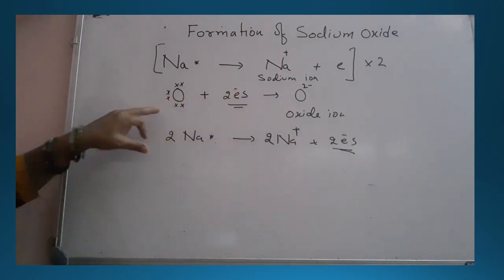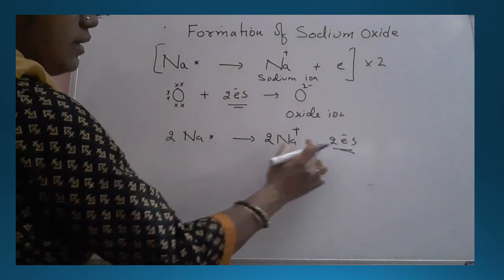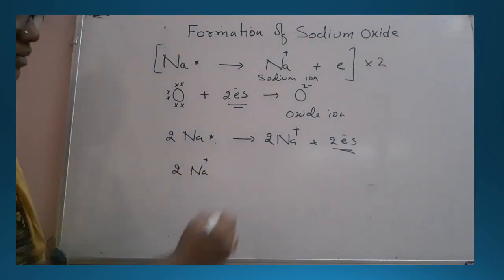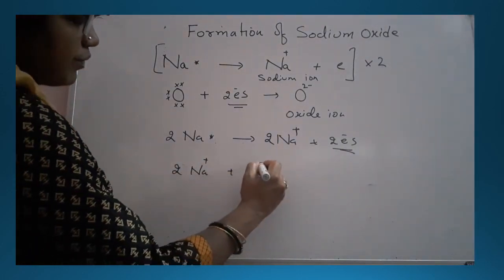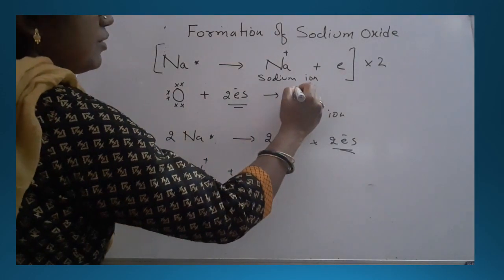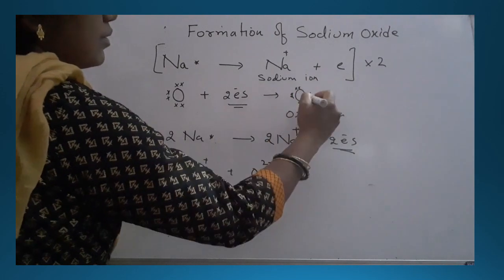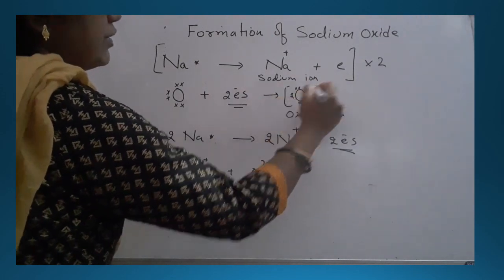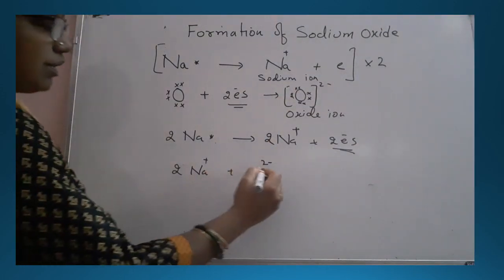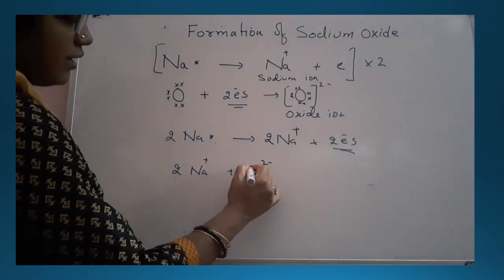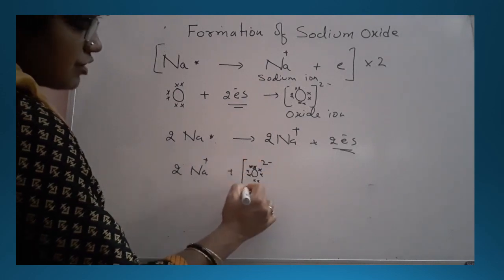So now we have oxide ion and sodium ion. 2 Na plus, O 2 negative charge. Here you can write 1, 2, 3, 4, 5, 6, 7, 8 with these 2 electrons. So here 1, 2, 3, 4, 5, 6, 7, 8. These 2 are the extra electrons.